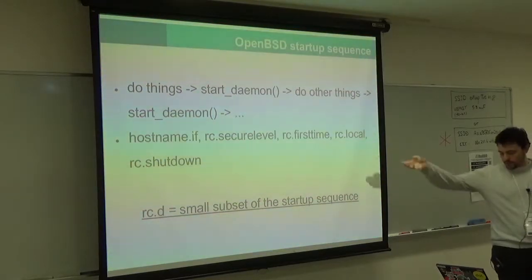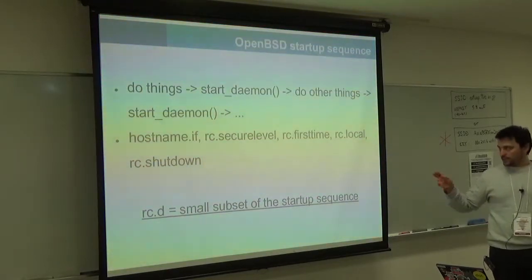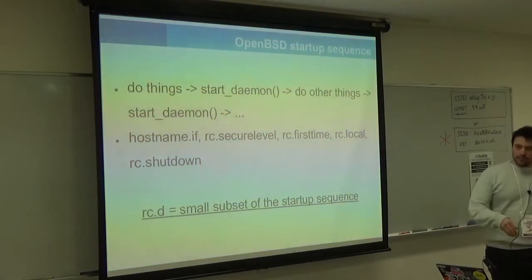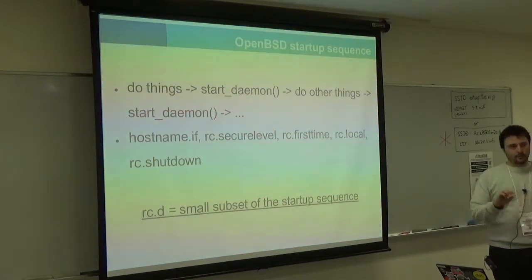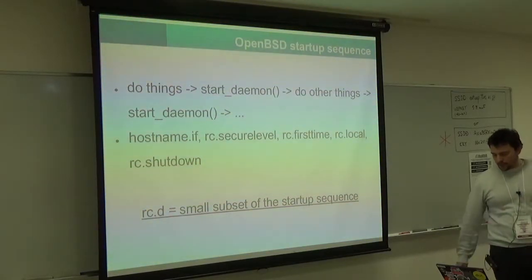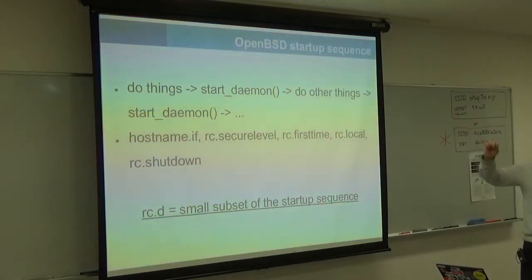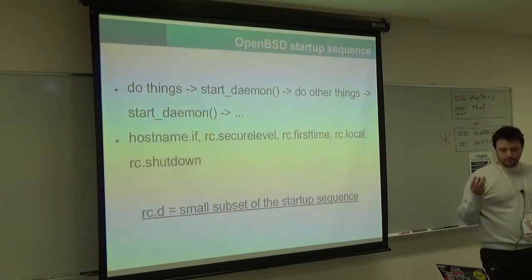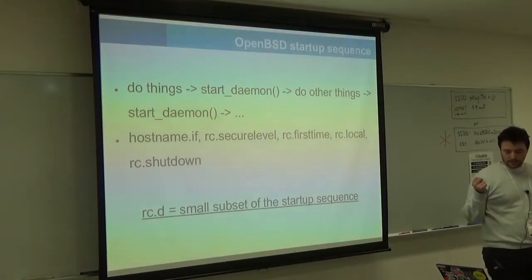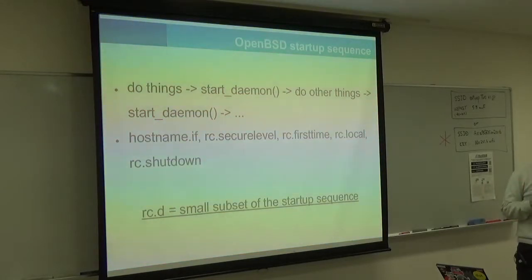So for example, start_daemon syslogd, pflogd, ntpd, etc. Then you go back to a regular command, like enforcing quotas, starting the rc.securelevel command, rc.firsttime, rc.local, etc. So basically rc.d is a very, very small subset of the startup sequence. Most of the code run in etc-rc is for running regular helper commands.